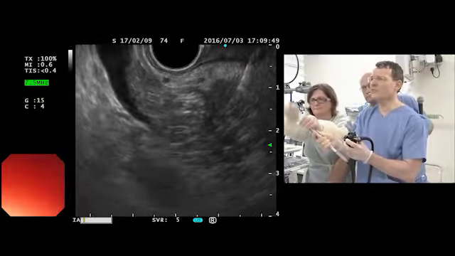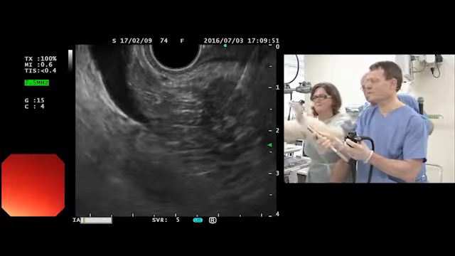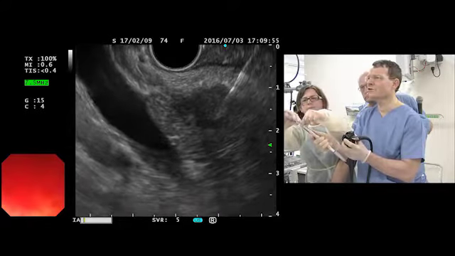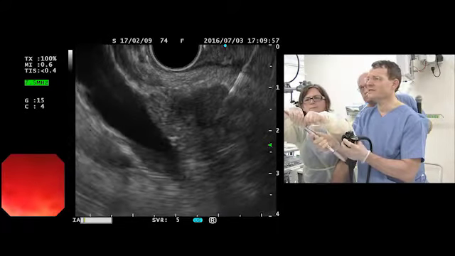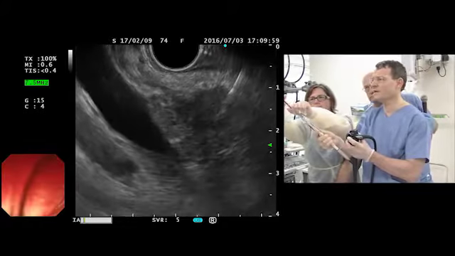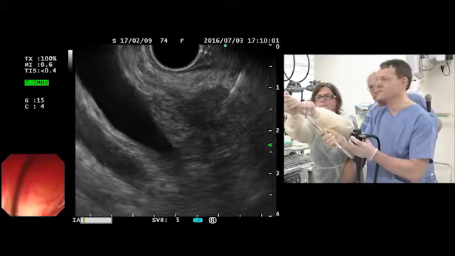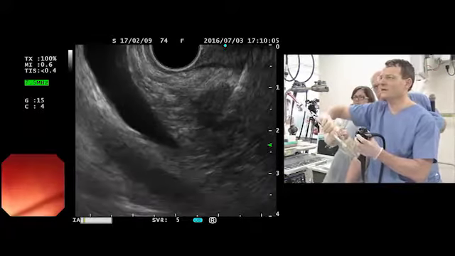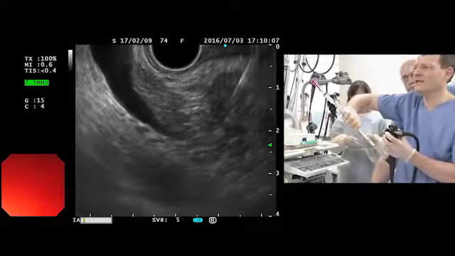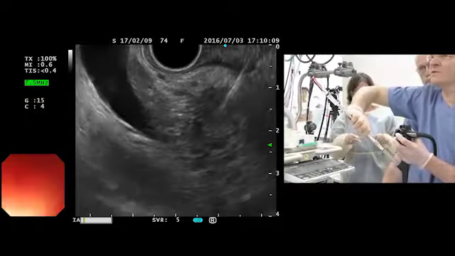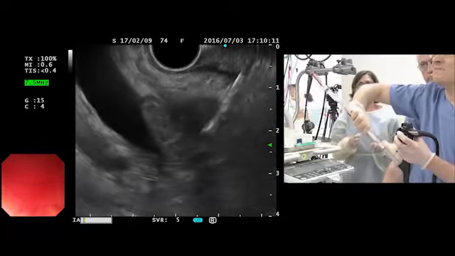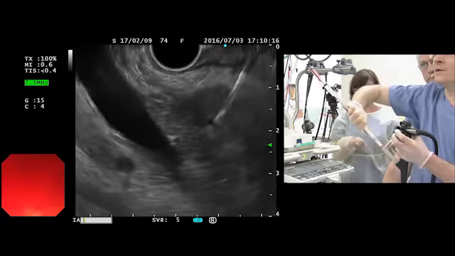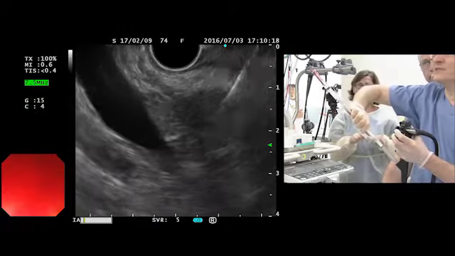Usually we have to be careful, because the theory is when we have a dilated duct, we should not puncture the duct. And if it is necessary, then it's better to do it in the perpendicular axis, so that in case we have a leakage, it is only a small area which can heal. You see I'm here in the area of this mass. It is soft, yes.